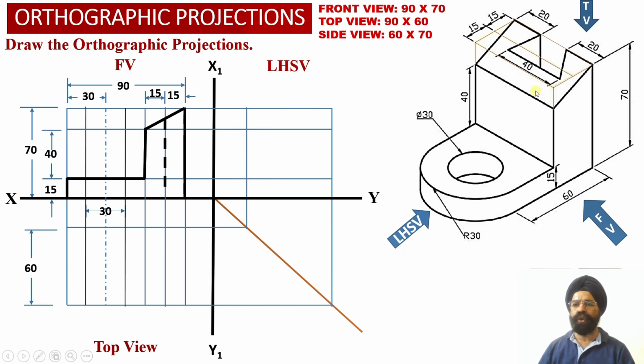So next, we also know that corresponding to this angular slot, at a distance of 15 millimeter, we are going to get two vertical edges over here.